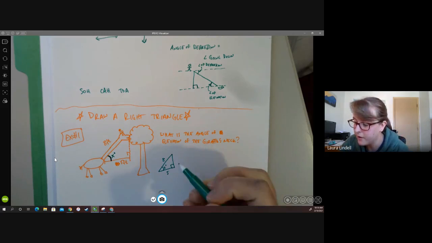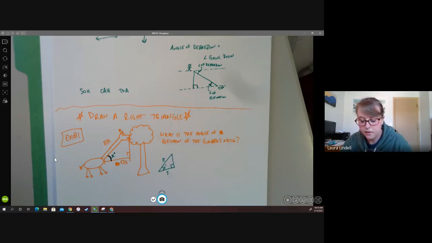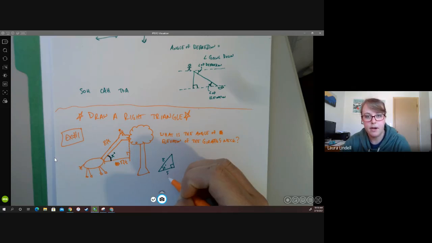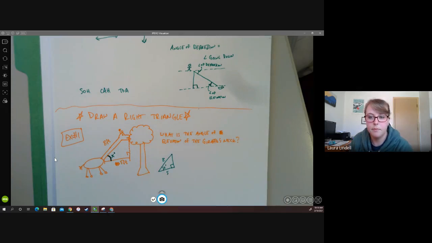Okay, so we have two sides here, and we have this angle that we're looking for. So to the angle that we're looking for, is 5 opposite, adjacent, or hypotenuse? What's 5? Somebody help me out here.